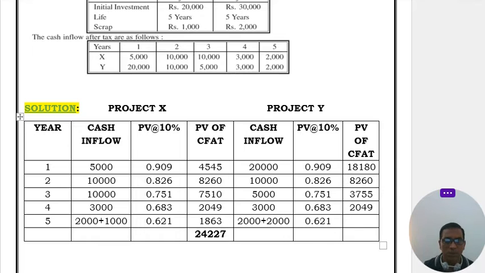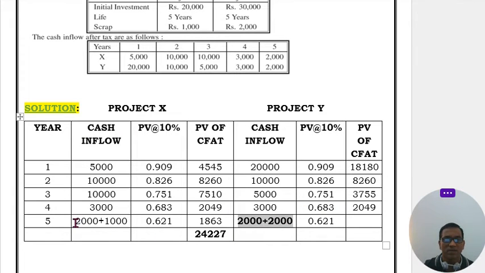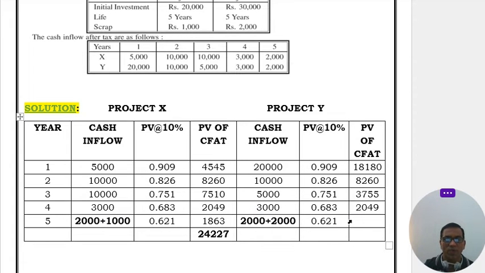And the last, fifth year, we have to take 4,000, because it is 2,000 cash flow and the remaining 2,000 is scrap value, total 4,000. So 4,000 multiply with 0.621, that is 2,484.